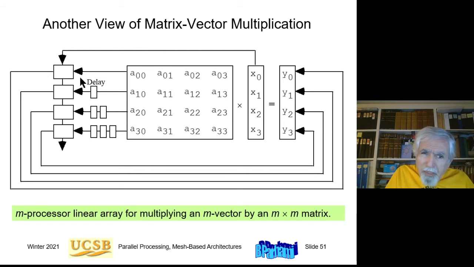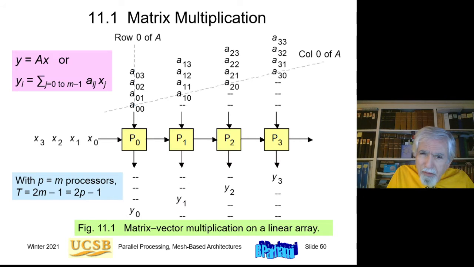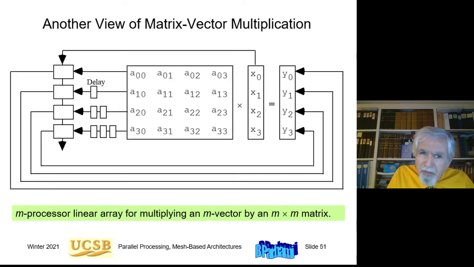Rows of the matrix are input to the corresponding cells here, with each subsequent row delayed by one additional unit. Those delay elements that you see there are drawn in terms of the circuit representation. Row 0 of A enters P0, row 1 enters P1, and so on. This is exactly the same thing, just drawn in a different way.